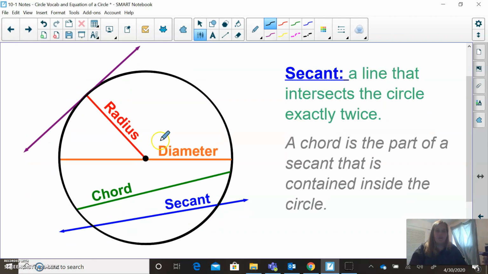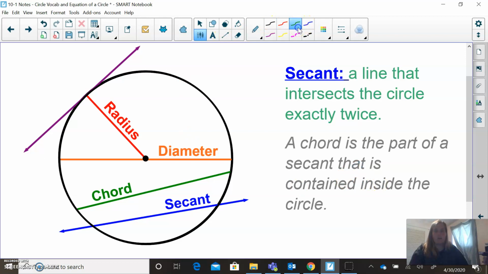Awesome. Keep going. A secant is a line that intersects the circle in exactly 2 places. So it actually goes through it. It doesn't have endpoints. A chord has endpoints; a secant does not. It keeps going outside of the circle. A chord is part of a secant that is contained inside the circle.